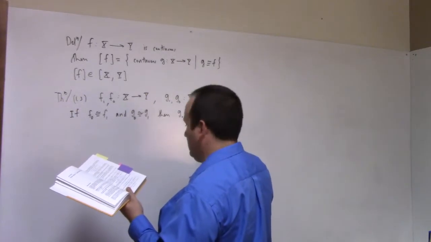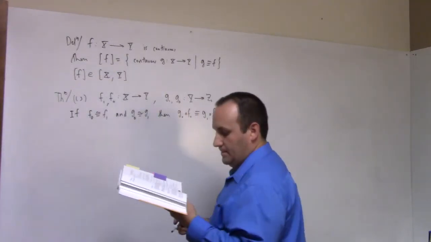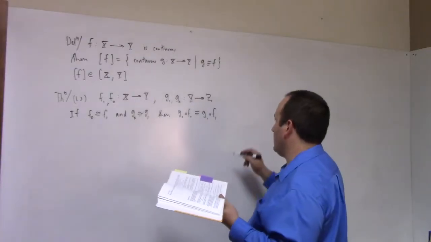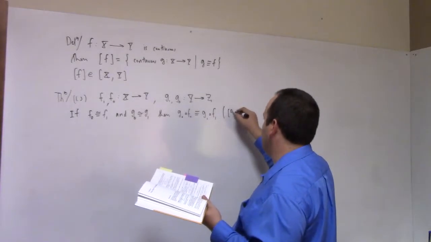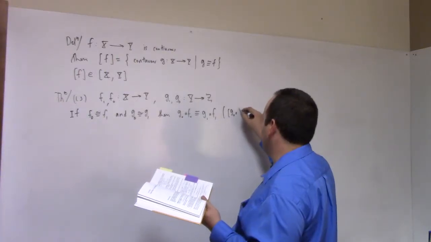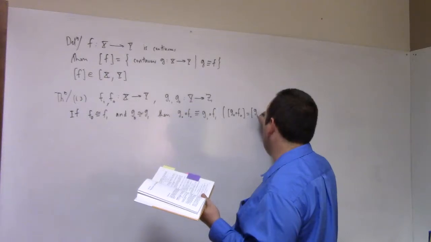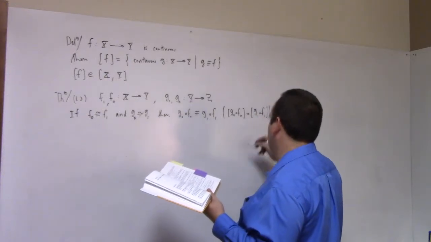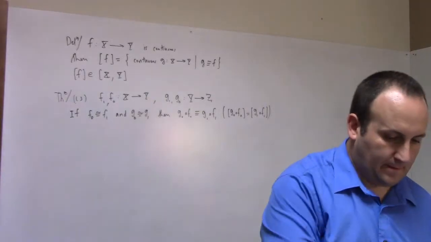That's homotopic to, you guessed it, G1 composed with F1. So of course, what does that tell us? The homotopy class of G naught composed with F naught is equal to the homotopy class of G1 composed with F1. All right.